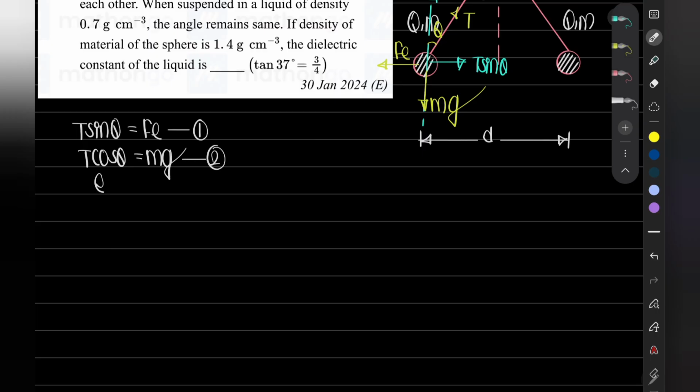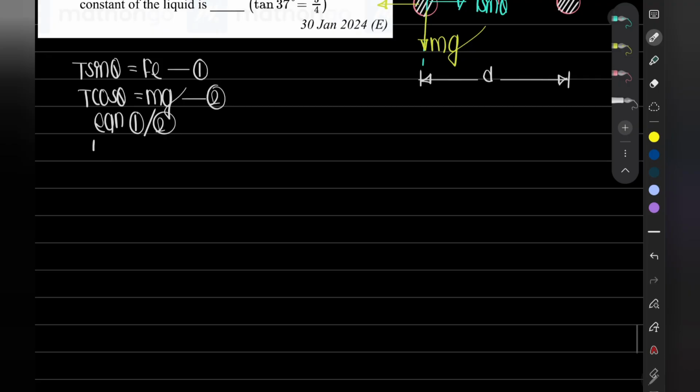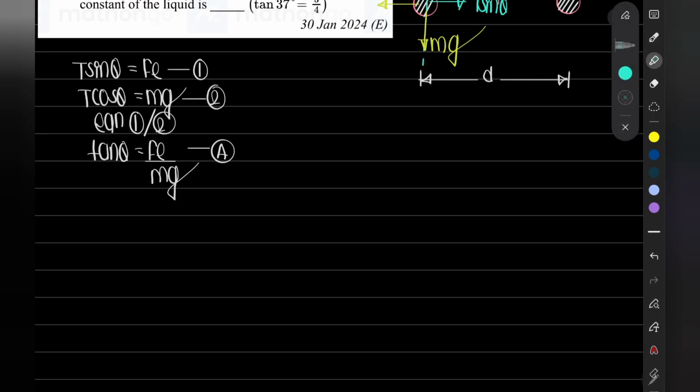Let's take the ratio, equation 1 divided by equation 2. T and T will cancel out. Sin theta by cos theta is tan theta, which will be equal to Fe by mg. Fe stands for the electrostatic force. This is the first case we have.